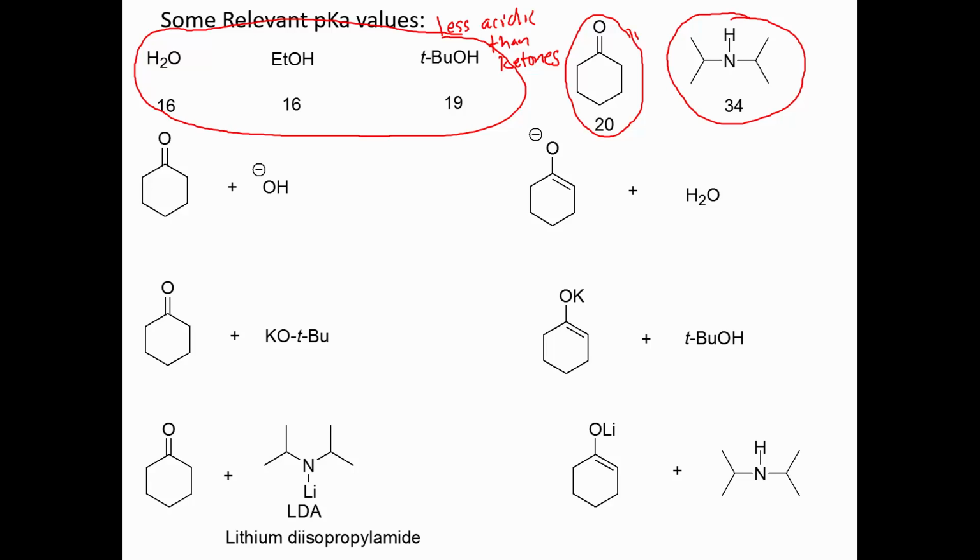So let's think about, in each of these cases, where does the equilibrium lie in each of these reactions? Let's look at the first one, hydroxide ion. Hydroxide ion is the conjugate base of water. Remember that acid-base reactions proceed in such a way as to give you the weaker acid, weaker base pair.